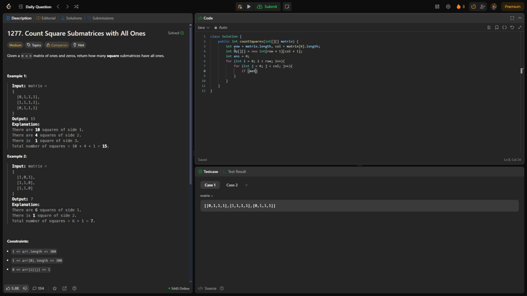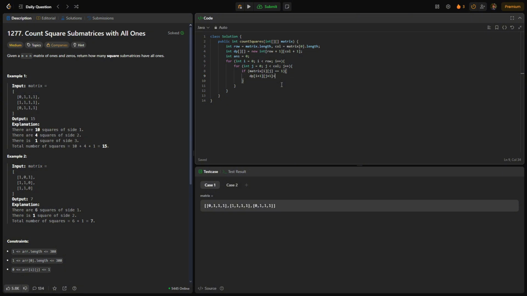So if matrix of i of j is equal to 1, then we know for sure we need to at least have 1 square there. So we'll check. What is our dynamic programming of i plus 1 of j plus 1. And remember, the reason we're doing i plus 1 and j plus 1 is because we have extra rows above and to the left. So we're going to treat this like a bottom right corner.